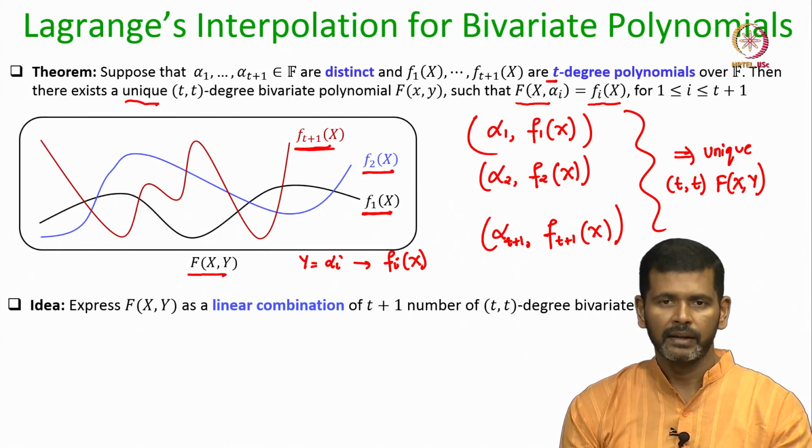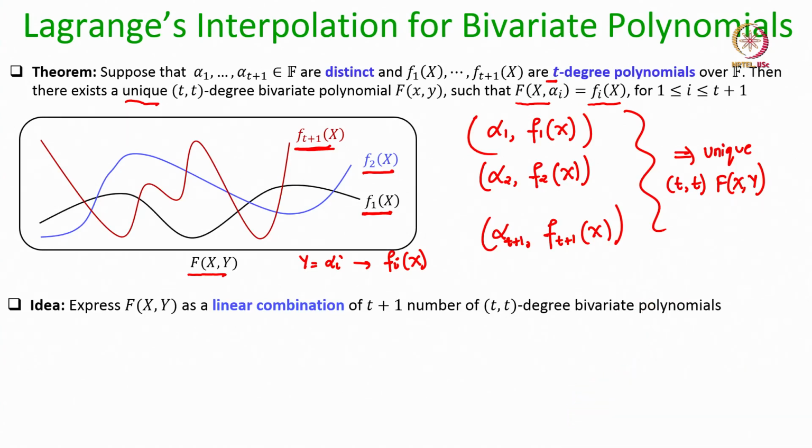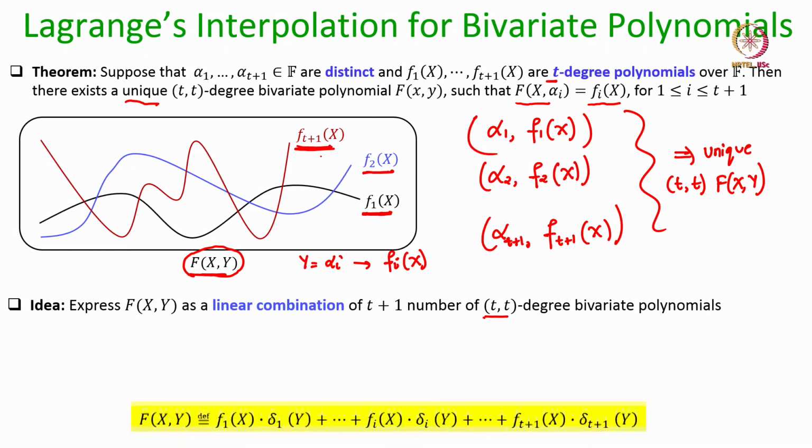And again, the idea here is to express that bivariate polynomial which we want to interpolate as a linear combination of t plus 1 number of bivariate polynomials of degree t in each variable, where somehow these univariate polynomials f sub 1 x, f sub 2 x, f sub t plus 1 x serve as the linear combiner, right.